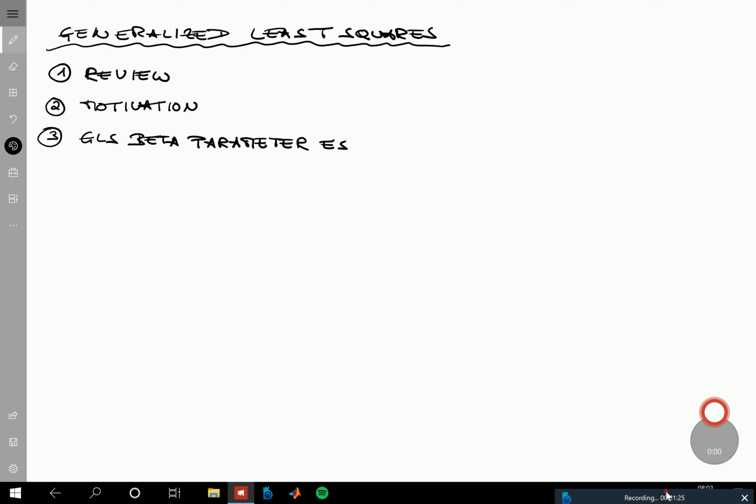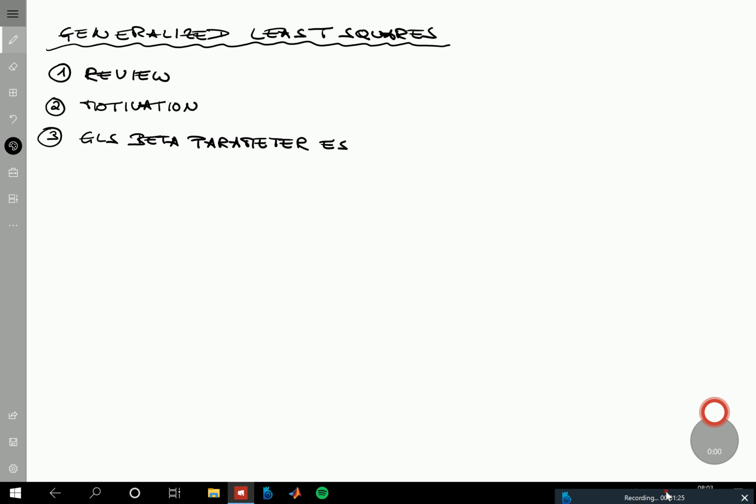Good. So the topic today is generalized least squares, short for generalized least squares estimation of GLM parameters.